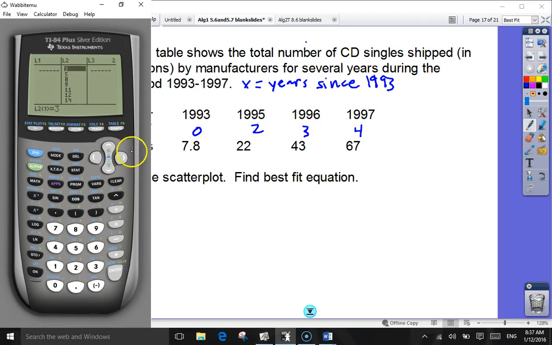And then I go into the L2, clear, enter. And then I can start fresh. So here we go, 0, 2, 3, 4. And 7.8, 22, 43, and 67.